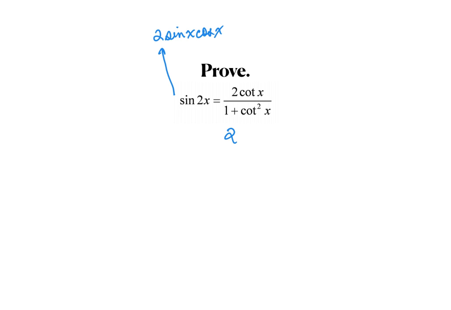So I know that cotangent is cosine over sine, so I'm going to make that substitution. And now I'm going to get a common denominator in my denominator and add these two together. The common denominator here is sine squared x, so let's rewrite that.